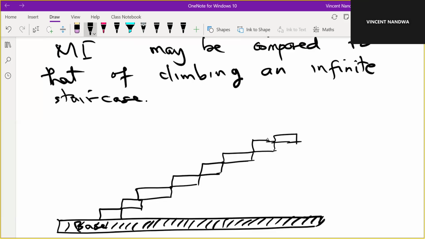Now we want to see how someone can move from this point A, the ground, to this point, say B. So what can assure a person should be able to climb this first stair? Are you able to see that?